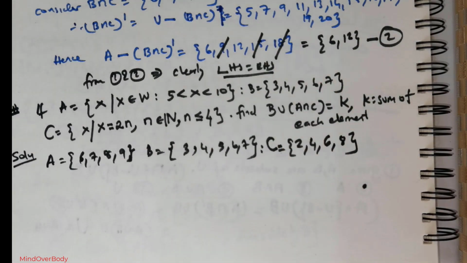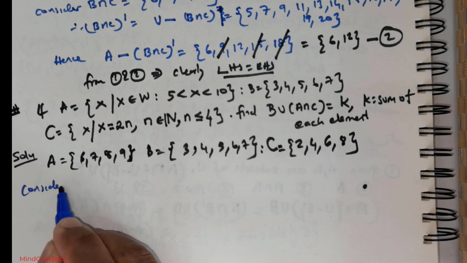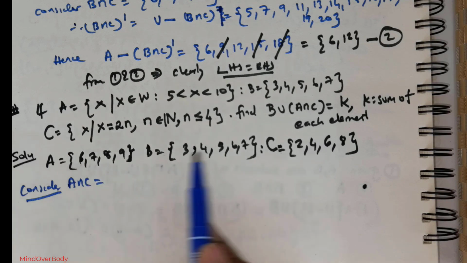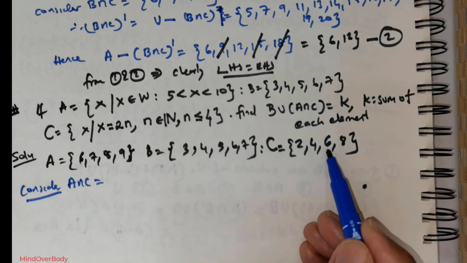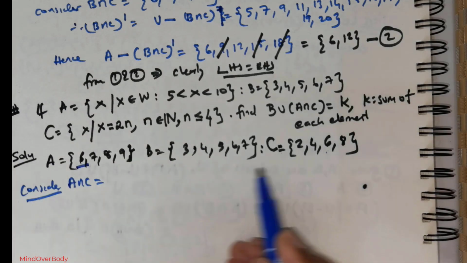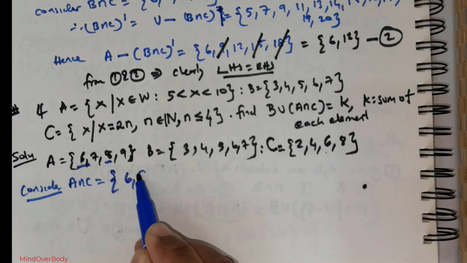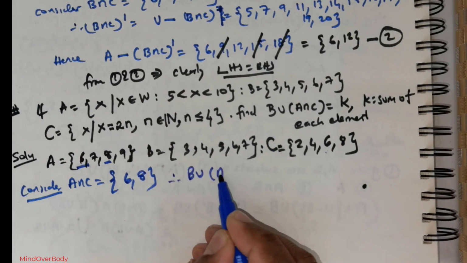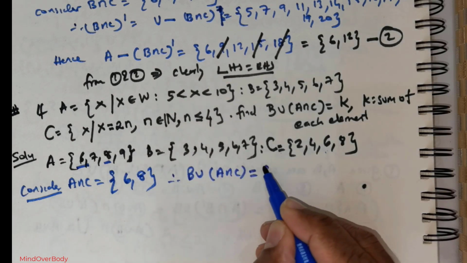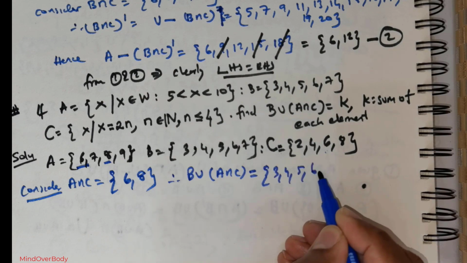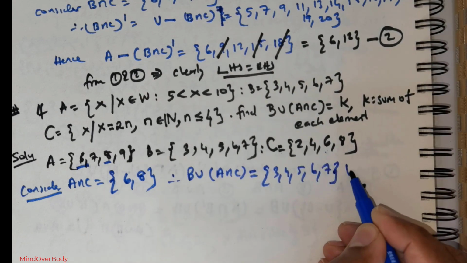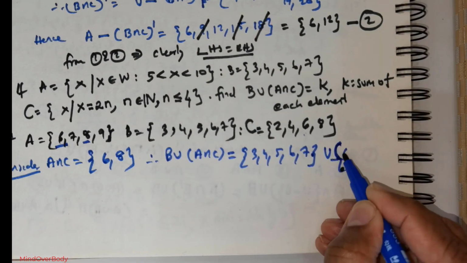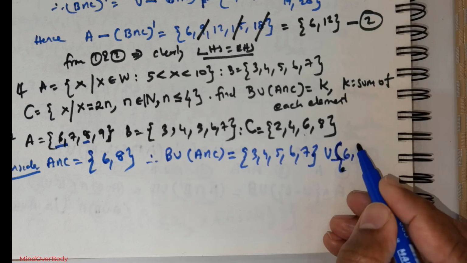Okay, so let me just consider A intersecting C. So what is that? I have to perform an intersection of A with C. Is there anything intersecting? Okay, 6 is intersecting here, and then 8. So 6 comma 8. Now we need to take B union of A intersecting C. Now my value of B is 3, 4, 5, 6, 7. This is actually performing a union with A intersection C. So that's going to be 6, 8.